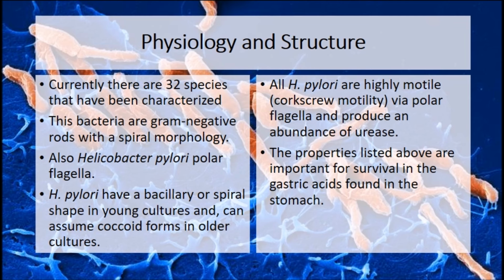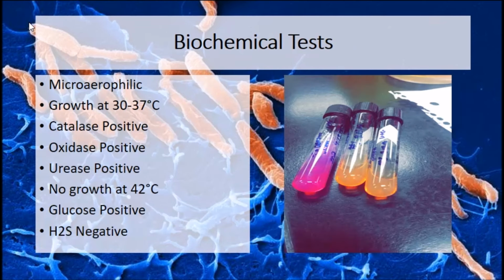All H. pylori are highly motile. They have a corkscrew motility via that flagella I just talked about, and they also produce an abundance of urease, which is very important. I'll touch on that in just a moment. The properties listed above are important for survival in the gastric acids found within the stomach.